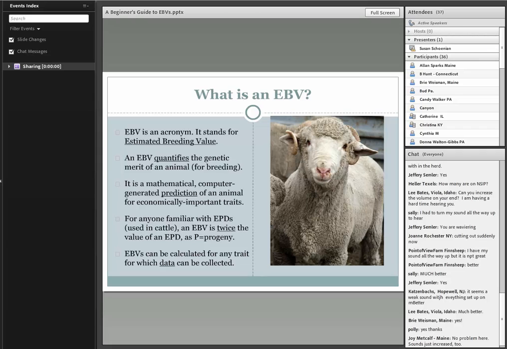So some of them are direct measurements like weight, but I know they're working on an EBV in Australia for lambing ease. Obviously that would be like a scale. But anything that we can collect data on, anything that we can quantify, they can calculate an EBV on.